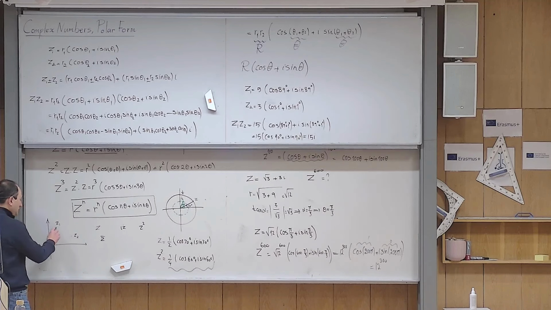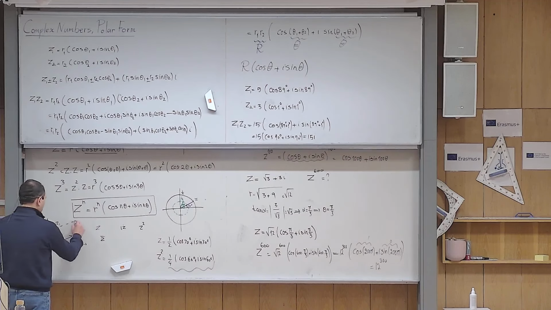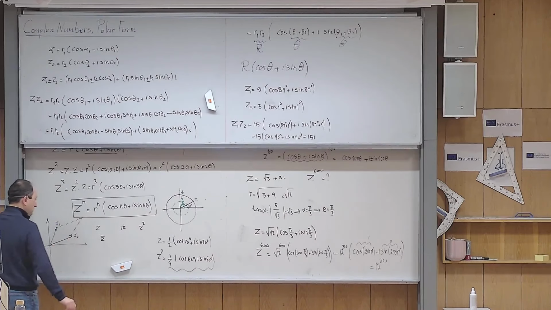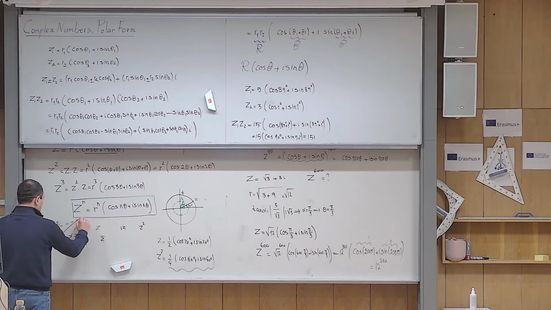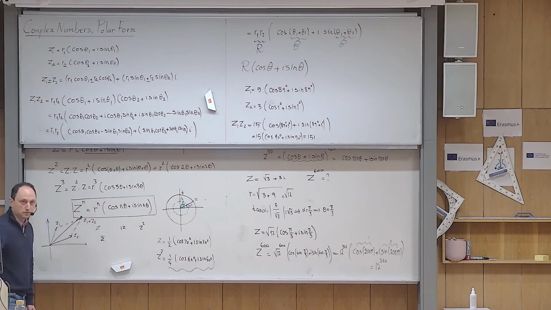Yes? So here this becomes z1, and then here it becomes z2. But you know how to add these two vectors. You complete a parallelogram, yes? And then you draw this diagonal. So here is z1 plus z2.